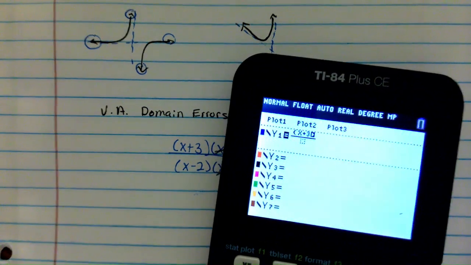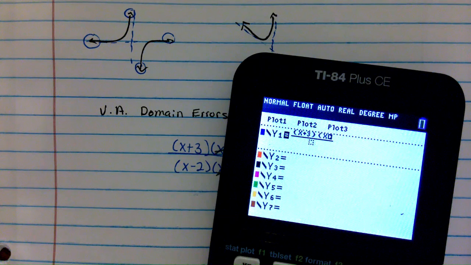So x plus 3, x plus 5 was my numerator. And we had the quantity x minus 2 and quantity x plus 5 as my denominator. I managed to put them all in the same thing. I thought I hit the down arrow. So x minus 2, x plus 5.